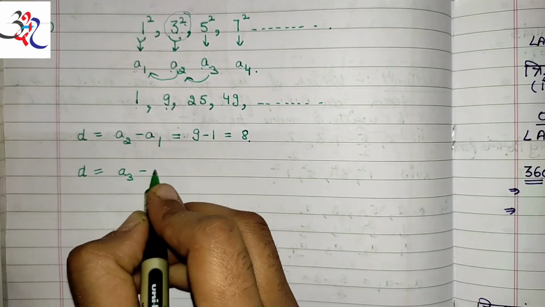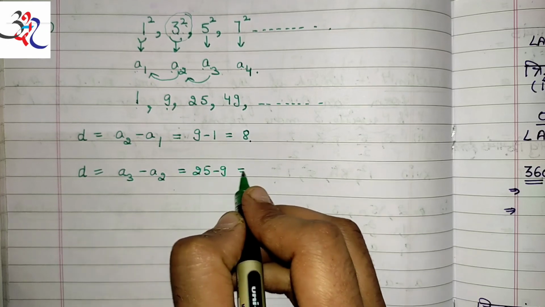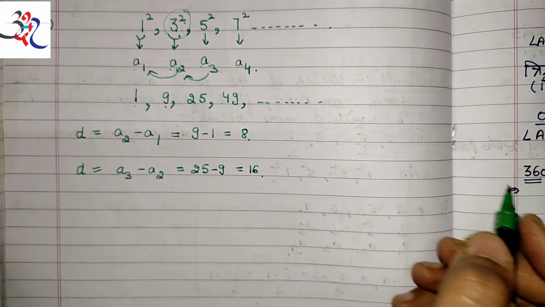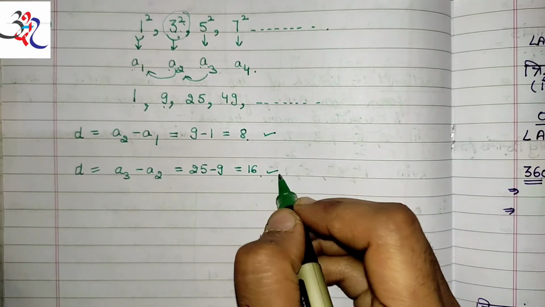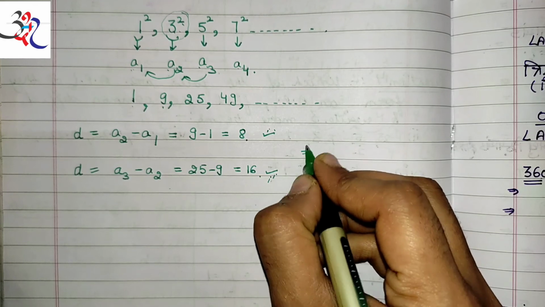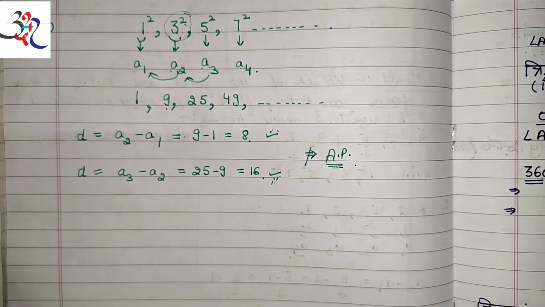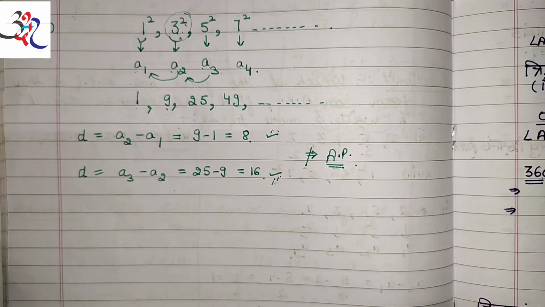That means A3 minus A2, which is equal to 25 minus 9, which is equal to 16. So you can see that the common difference is different in both the cases. So this is not an AP. So if it is not an AP, we do not need to find out the next three terms of this progression, because this is not an AP.